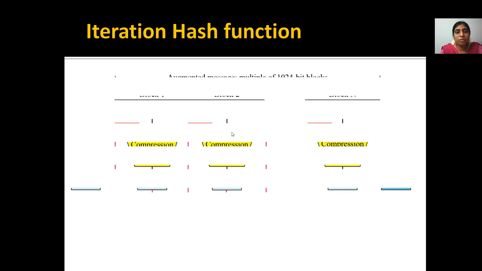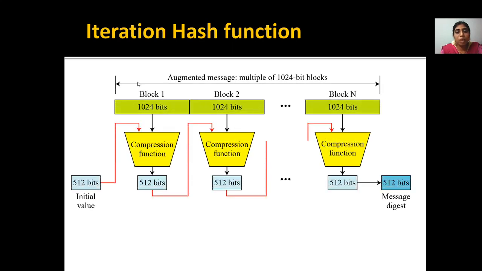So how does the iteration of the hash function take place? If you have 1024 bits, each block will contain 1024 bits, and there are n blocks. At each block we have a compression function. In the compression function we give the initial value as 512 bits, and at the end we get 512 bits.